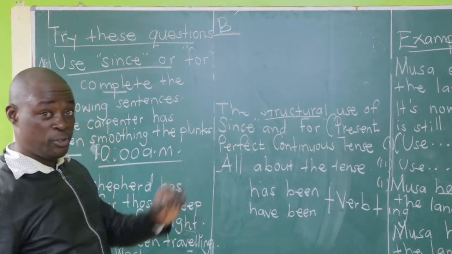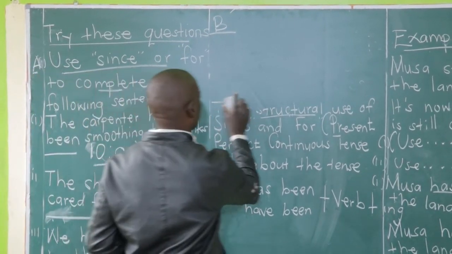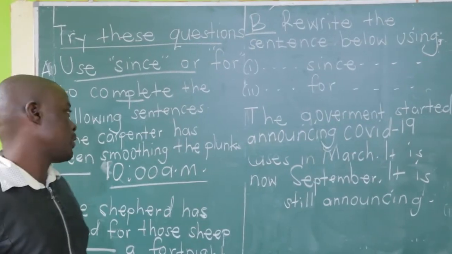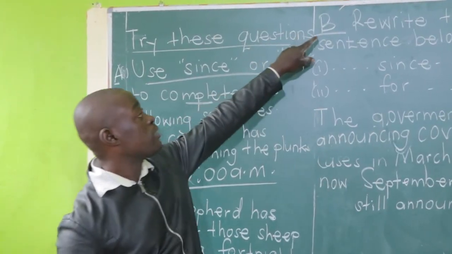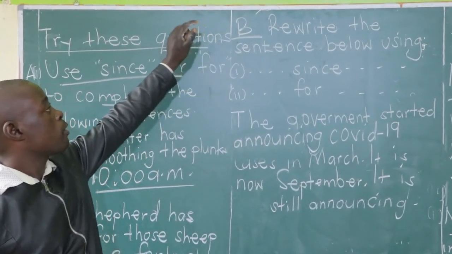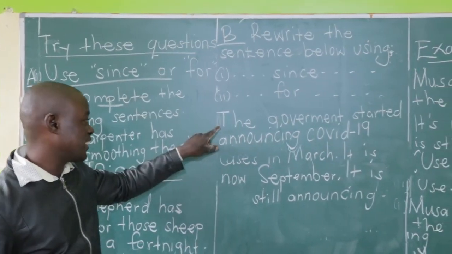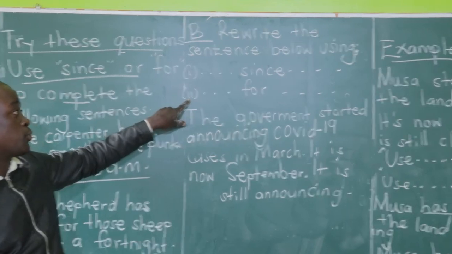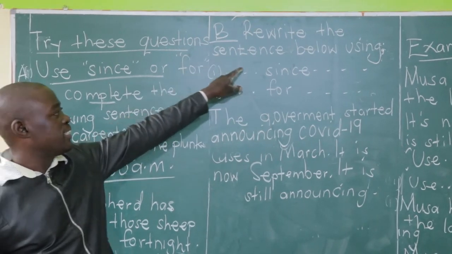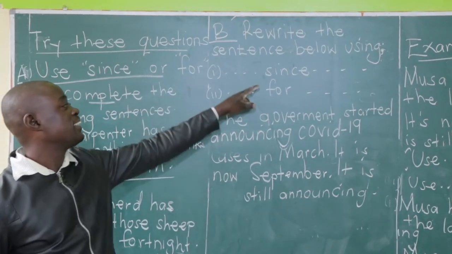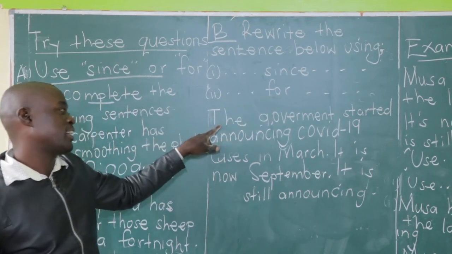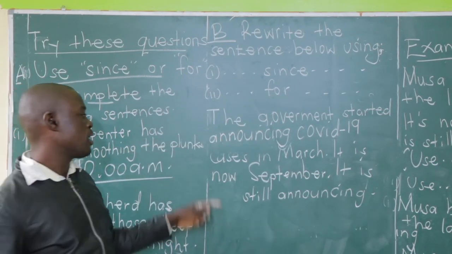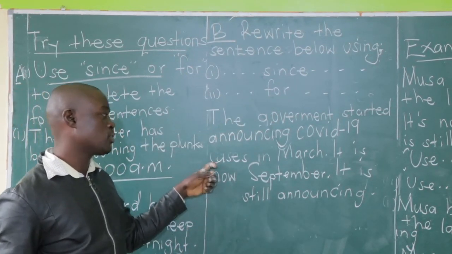Finally, on part B of your tryout, I'm giving one question, but the instructions are going to vary a bit. So in our example B, we are going to rewrite this sentence using instruction 1 and instruction 2. Rewrite the sentence below using since or for. The government started announcing COVID-19 cases in March.